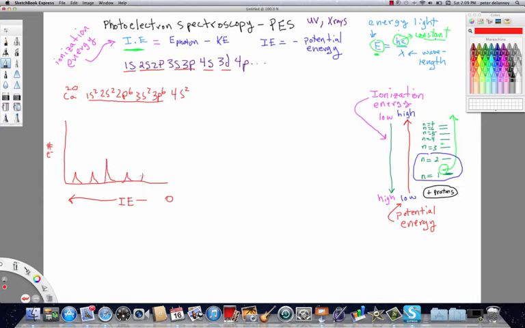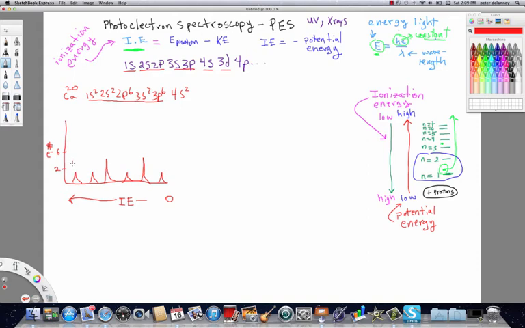My artwork is maybe not the best in the world, but it's good enough to make the point. So this position right here is where we would have 2 electrons. These peaks are all proportional to the kinds of peaks expected where you would have 2 electrons, and these peaks here would have areas proportional to where you would have 6 electrons.